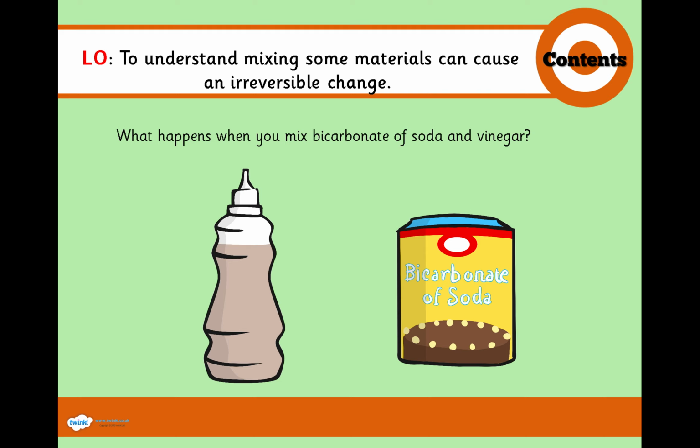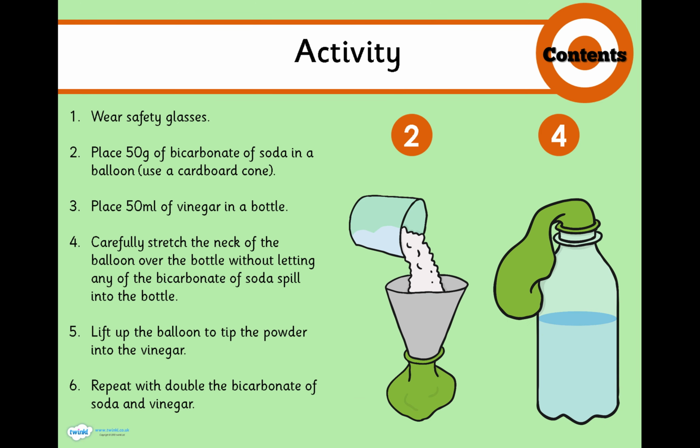This is different. We have materials like baking soda and vinegar. If you mix these two, the particles will react together and create something new. So this is how mixing can actually be an irreversible change.